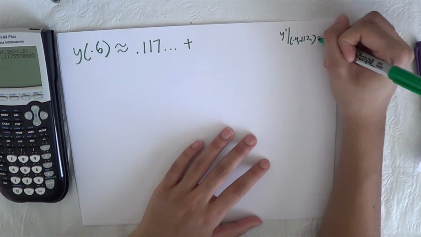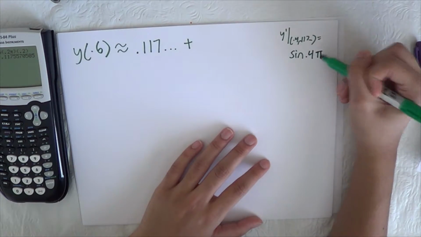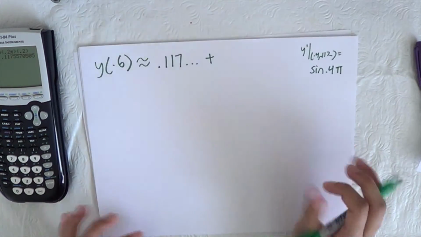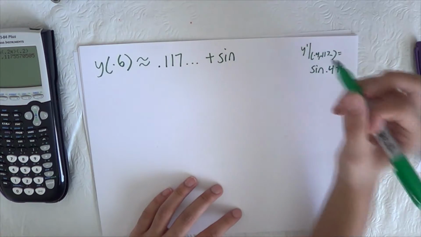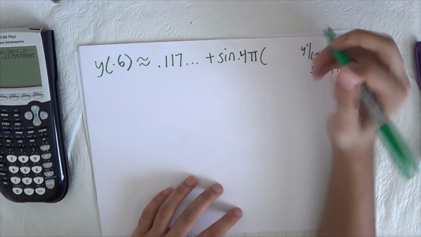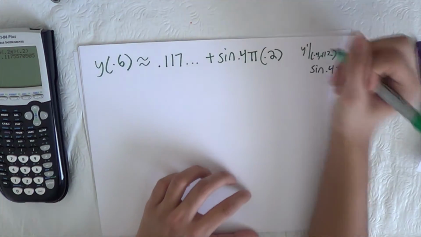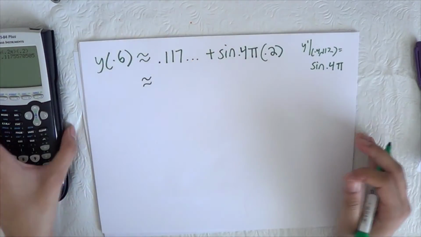And we're only using our t value again because it only calls for that. So sine times 0.4 pi, and we plug that in, times our delta t, which is 0.2. Let's plug that into the calculator.